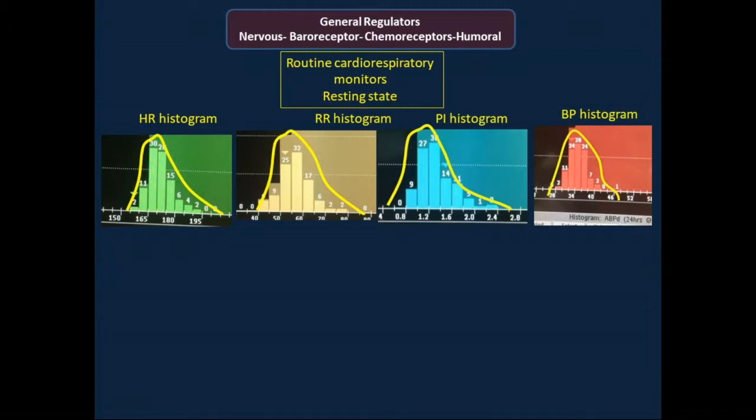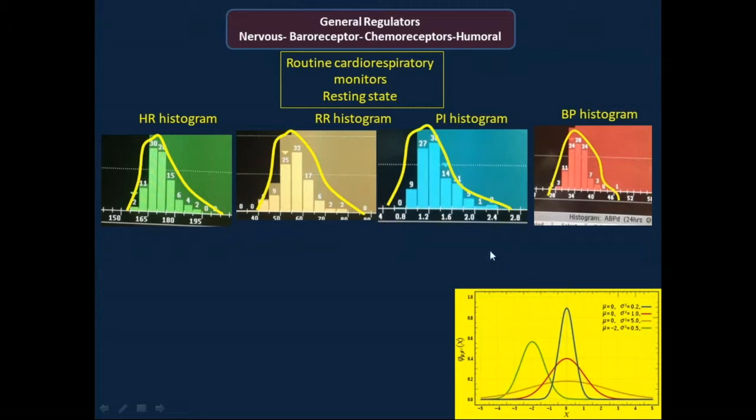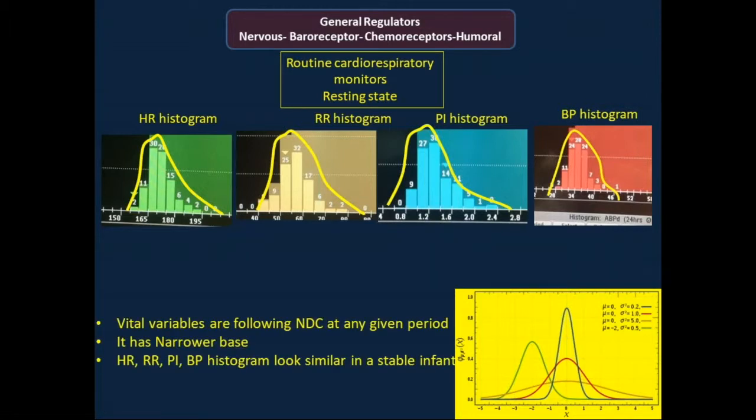That's actually reflecting the nervous, baroreceptor, chemoreceptor, and the humoral factors, all of these factors affecting the vital signs. So you have the shape of the normal distribution curve for all of the vital signs, excluding the oxygen histogram. The oxygen histogram is different.